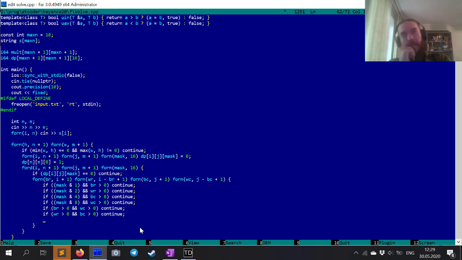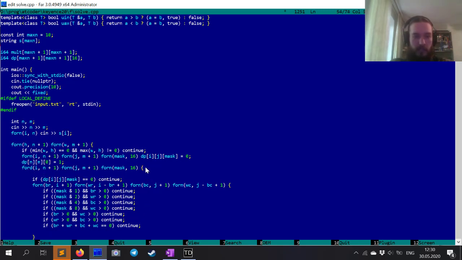The other invalid case is when we do not erase anything. This is not a valid move. In fact, I and J cannot be lower than H and W. So let's put that in.